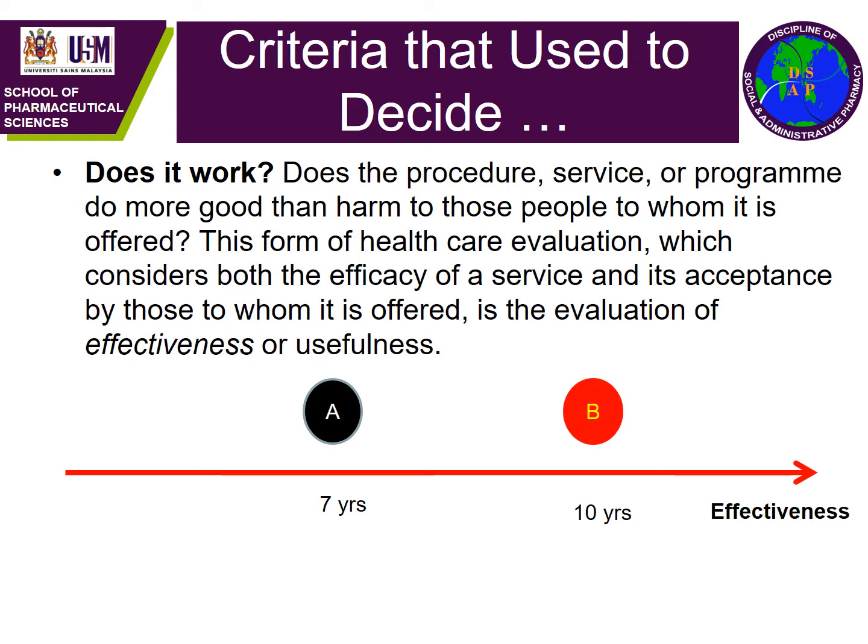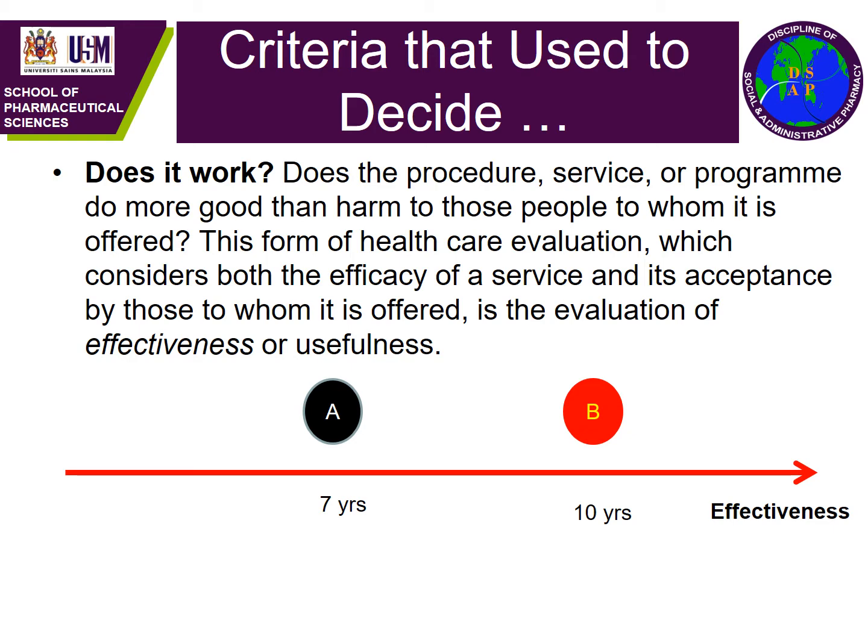Another criteria that decision makers also resort to, because they find perhaps that efficacy is based on results of a controlled trial, it might not reflect real world evidence. So they ask the question of effectiveness. Does the procedure, service or program do more good than harm to those people to whom it is offered, in the real world?